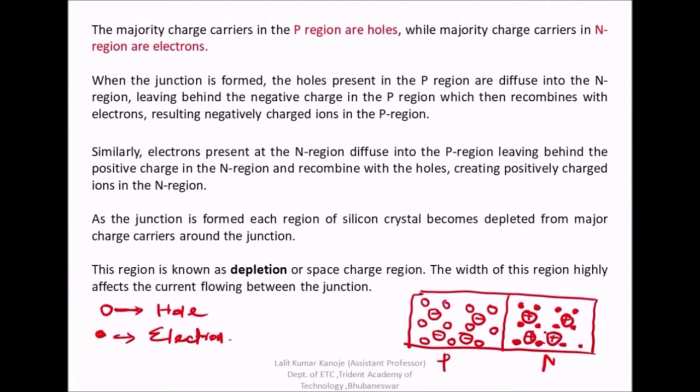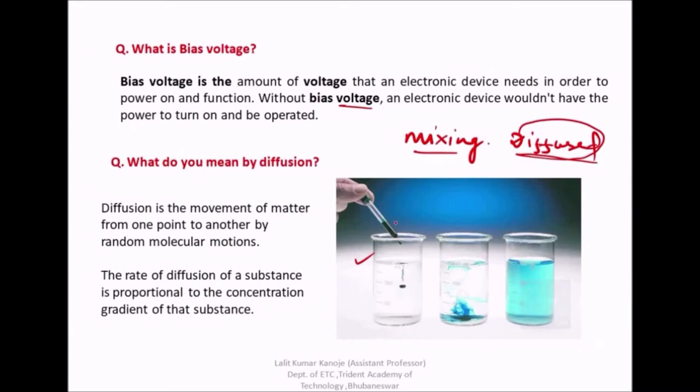Okay. Now what happens is that when a p-type semiconductor comes in contact with the n-type semiconductor, the electrons from the n side try to diffuse towards the p side. Assume that this ink is your n and this water is your p.